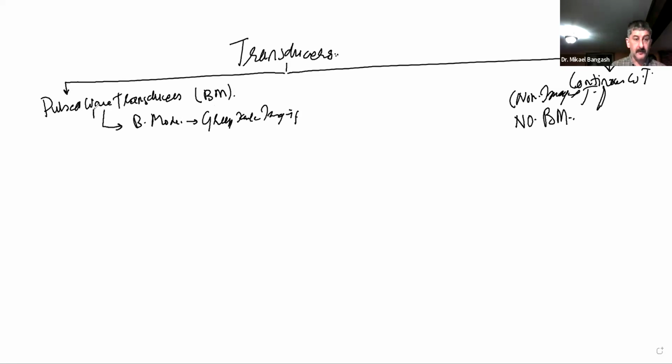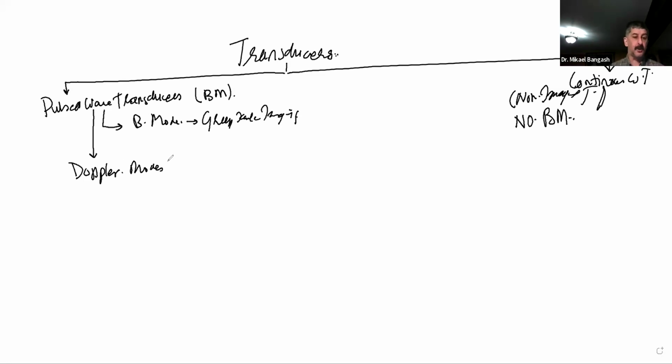Physically, it's the very same transducer, but that transducer can also be used in Doppler modes. Did you guys get that?